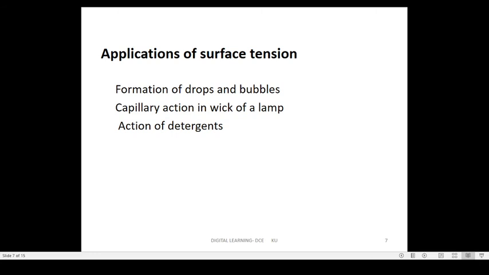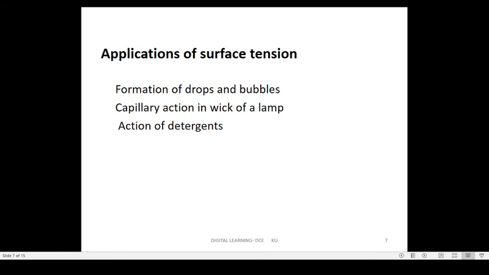Therefore, the kerosene which is present at the bottom of the lamp rises through the wick due to capillary action and rises to the top where it burns. Therefore, the lamp burns due to the capillary action of the wick.